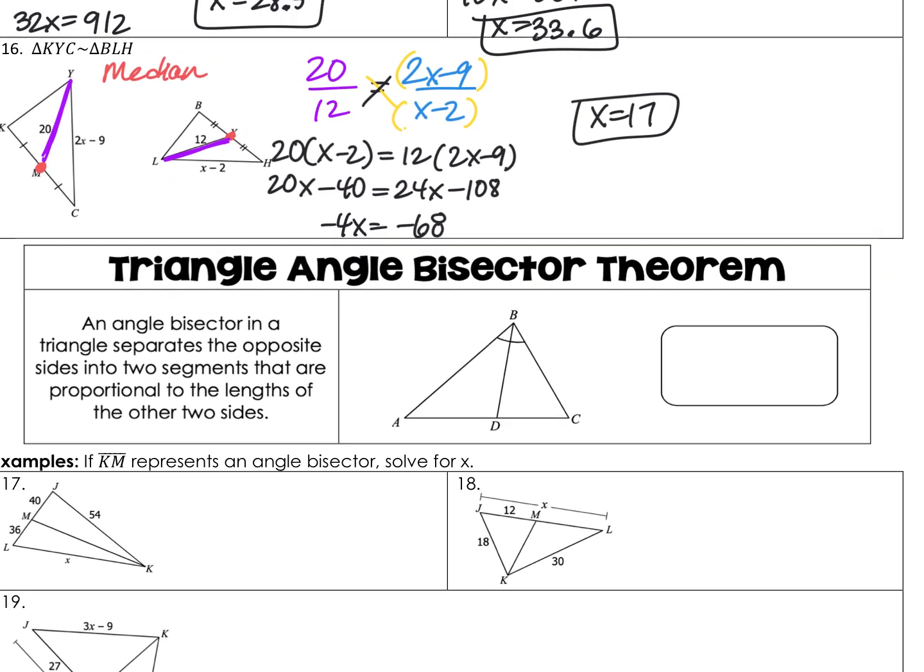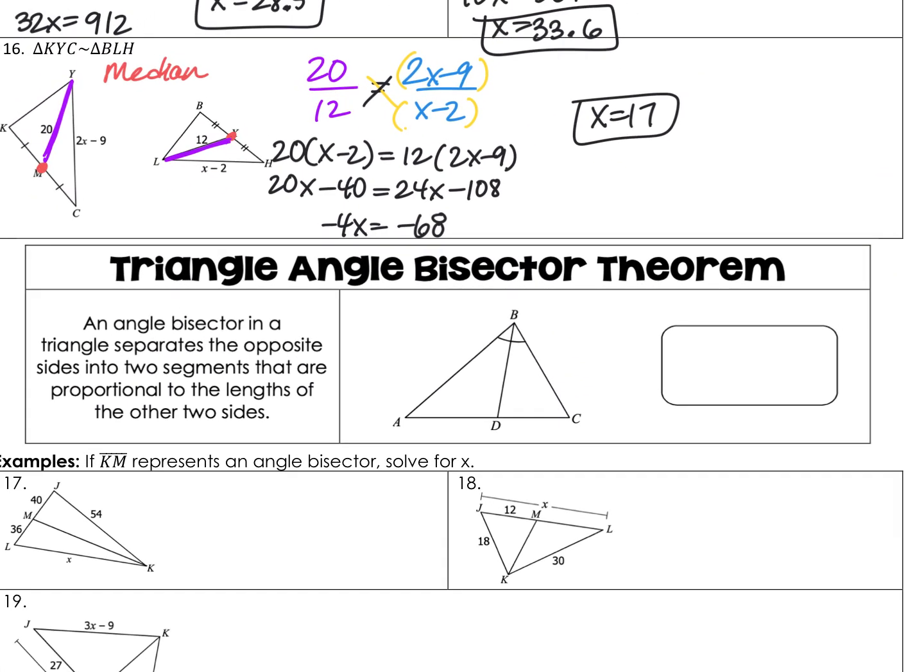When I moved my variables to one side, I kind of did that in one step. I subtracted the 24x over. So if you did it in 2 steps, that's fine. And then I also added the 40 to the right, just so you, if you need my steps.